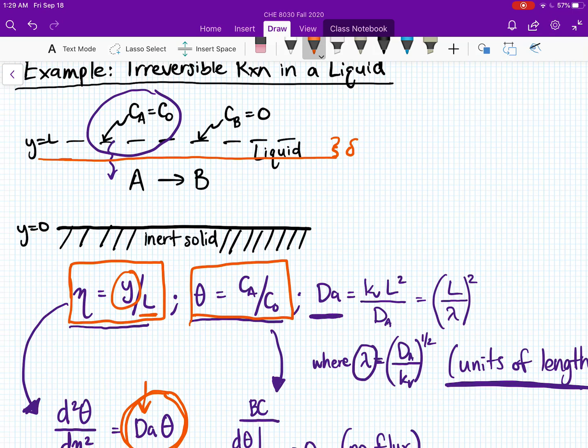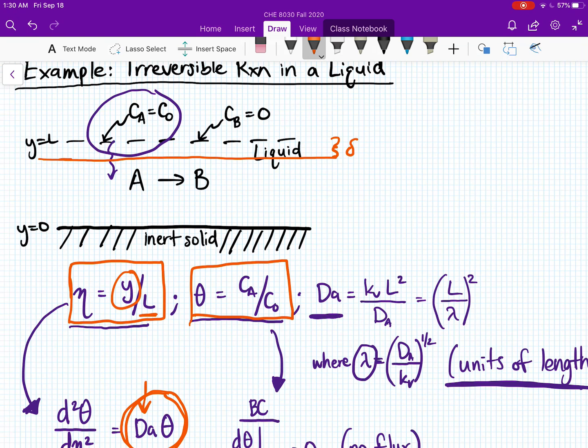within the top of my film, so starting at y equals L, some depth into that film of delta, all of my reactant A is entirely consumed and produces reactant B. Let me see if I can say my kinetics properly here.